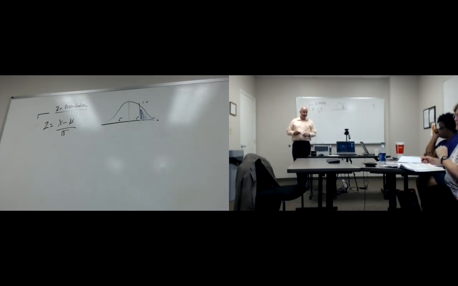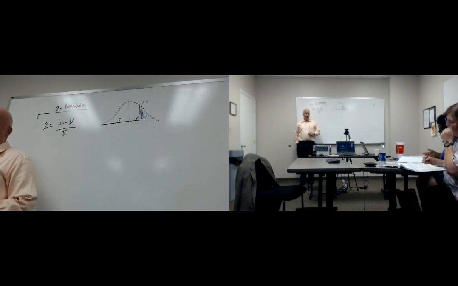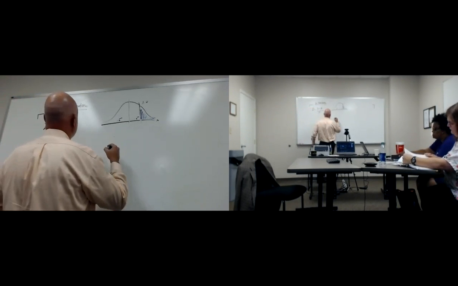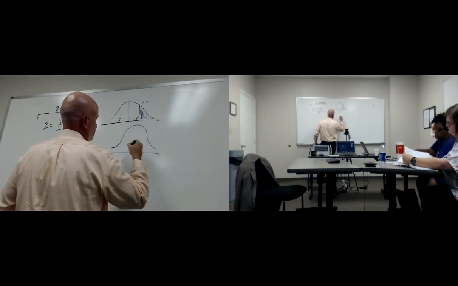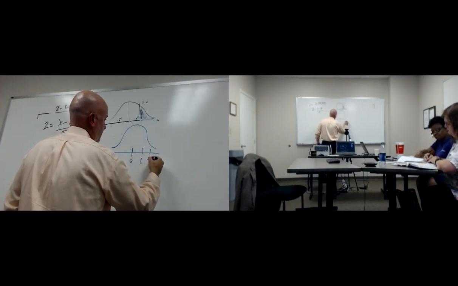The empirical rule. What do we say? When z is equal to 1, the table's value is 0.3413 times 2. Okay, so in this example, we're going to say 0, 1, 2, 3.